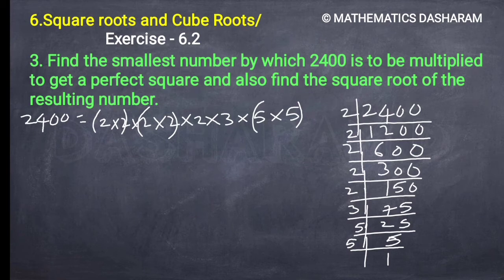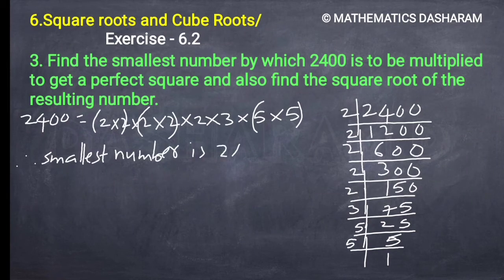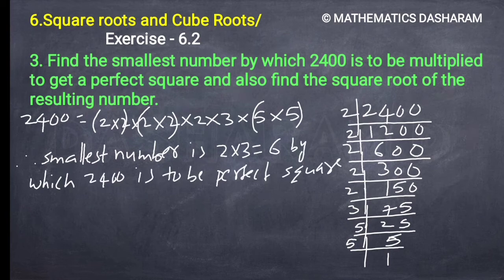To make pairs, here we need one 2 and here we need one 3. So overall, what is the smallest number to be multiplied? One 2 and one 3, so 2 threes are 6. So 6 should be multiplied. Next, it asks us to find the square root of the resulting number.